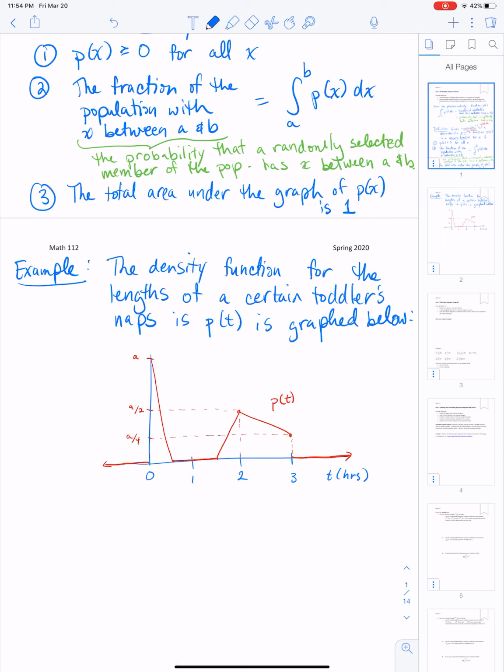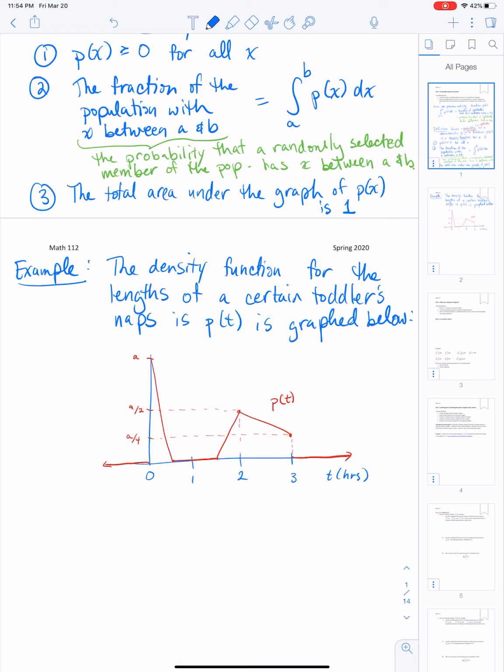And so let me go ahead and ask you 2 questions that you can answer, and then we'll resume in the next video with the answers to those, and we'll continue on discussing density functions and how they relate to improper integrals.